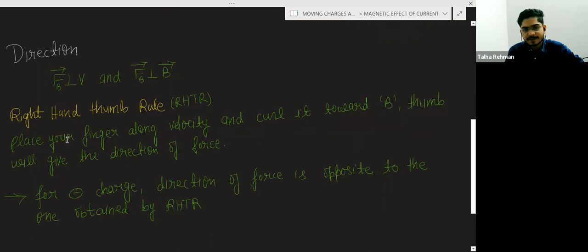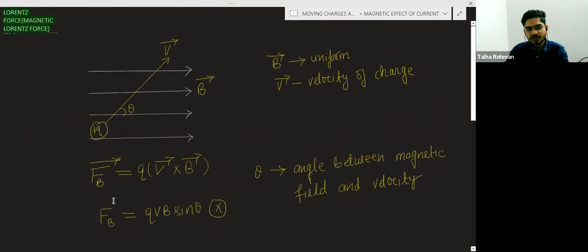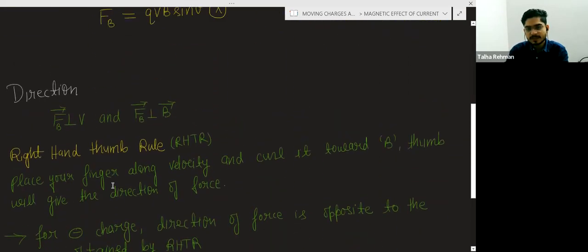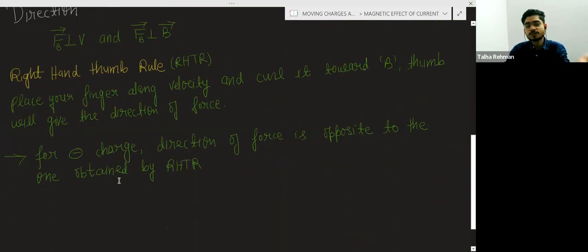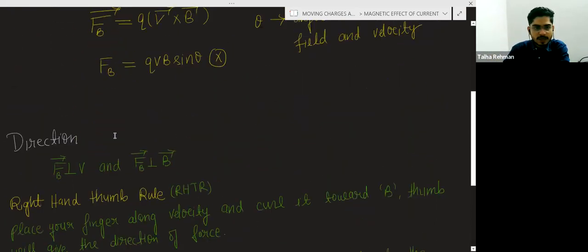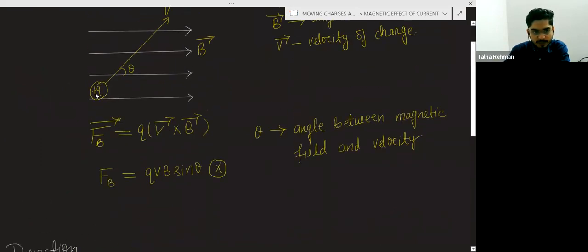So this is also given by the right hand rule. Place your fingers along the velocity and curl them towards the magnetic field. The thumb will give you the direction of the force. And here is your positive charge. Now suppose there is a negative charge. For the negative charge, the direction of the force will be opposite to the one obtained by the right hand rule. So suppose the negative charge is moving in this direction.